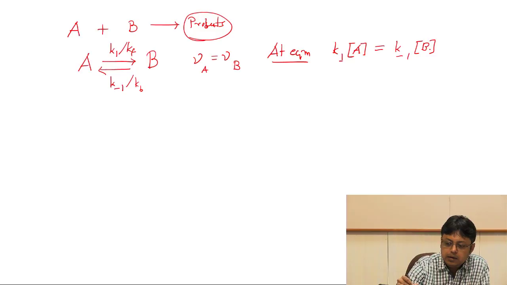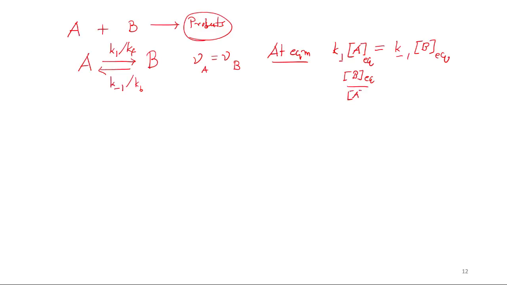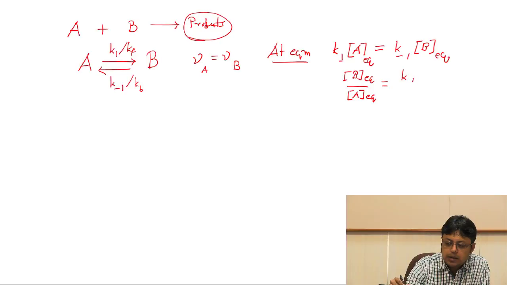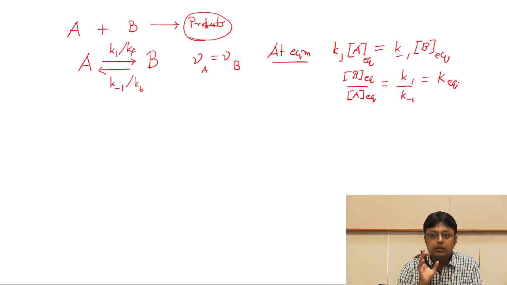And then correspondingly, if we write the equilibrium concentrations, we find that the ratio B equilibrium divided by A equilibrium is nothing but K1 by K minus 1. It's a ratio of the rate constants, which is also a constant, which we term the equilibrium constant. Now this equilibrium constant is not exactly the thermodynamic equilibrium constant, in the sense that we just took the ratios of the concentrations.